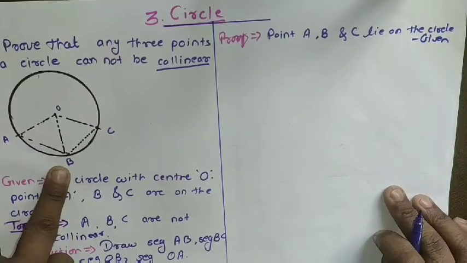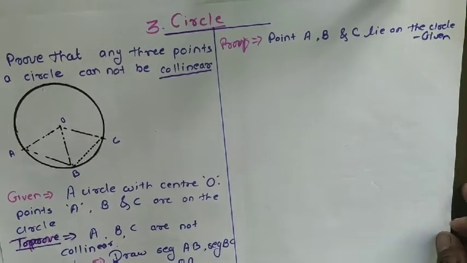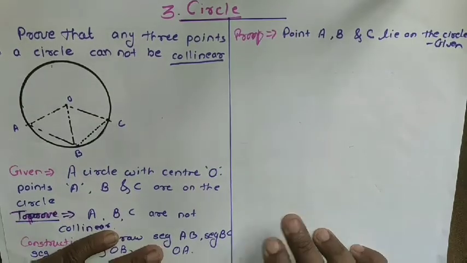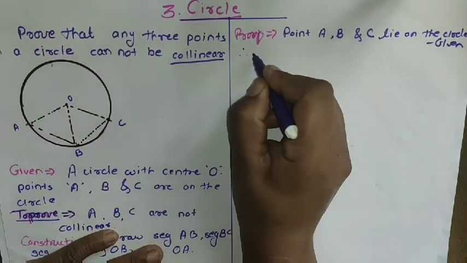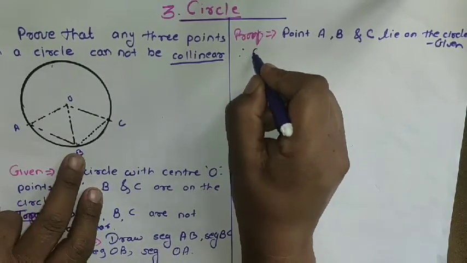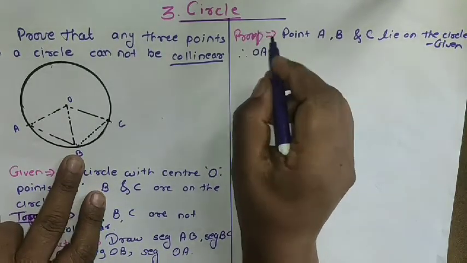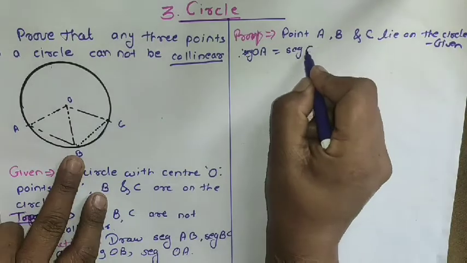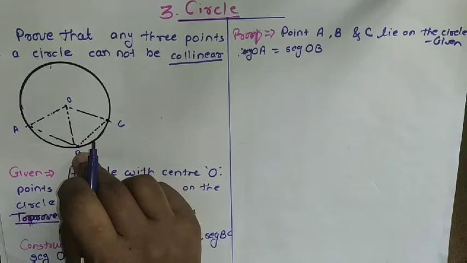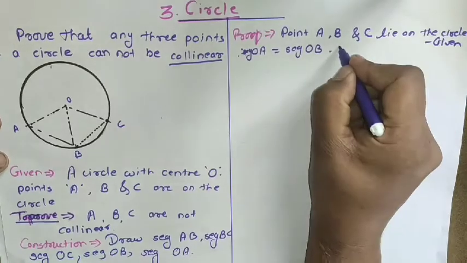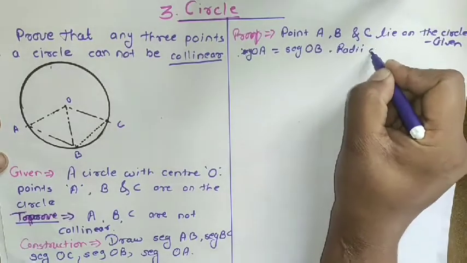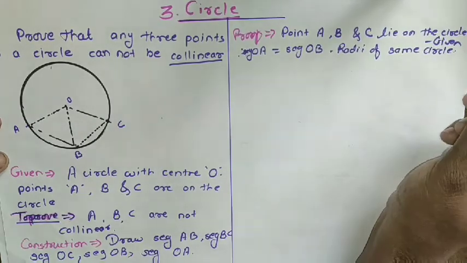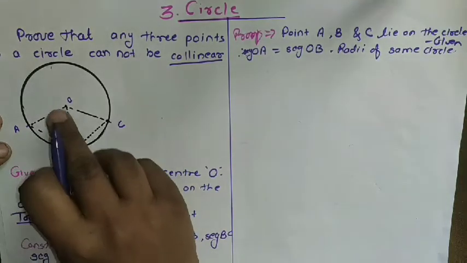Next step: therefore seg OA is equal to seg OB. The reason is radii of the same circle. So write here the reason: radii of same circle.